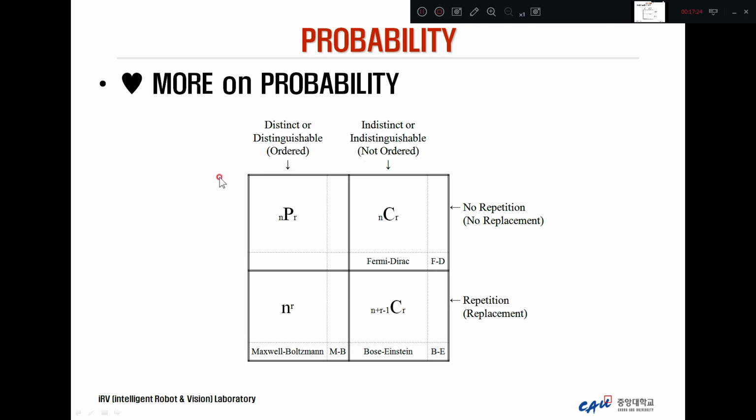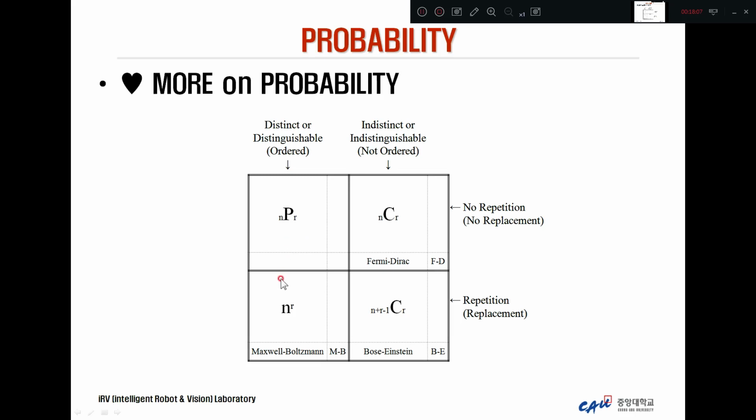And the first row is we don't allow repetition, so we don't have any replacement. But the second row, at the bottom, we allow repetition. You can replace the selected object back to the box. So on the left top, order is important, and among n distinct objects we pick R objects. So this is a permutation n R.